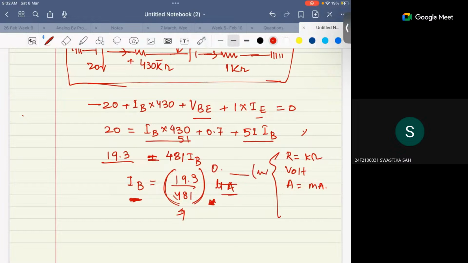If you convert it, for example, what is the value that we'll be getting? Can somebody divide 19.3 upon 481?